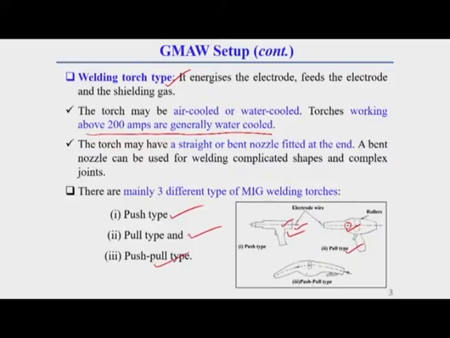Now, in the third category, both the pulling mechanism as well as the pushing mechanism are used. You can feed the electrode by pushing as well as by pulling. So, that is why this is generally called push pull type of welding torch.